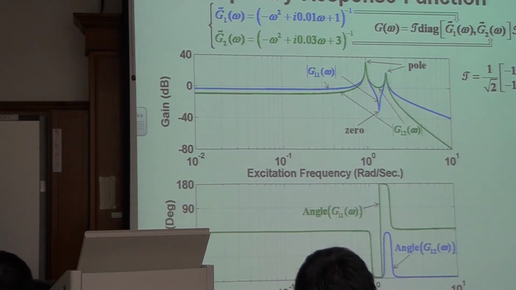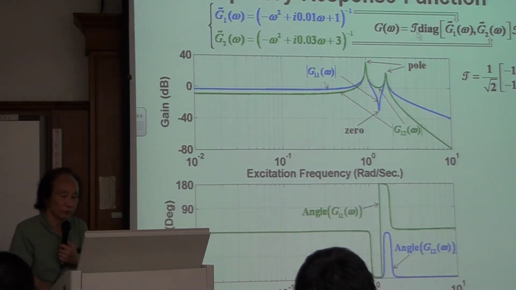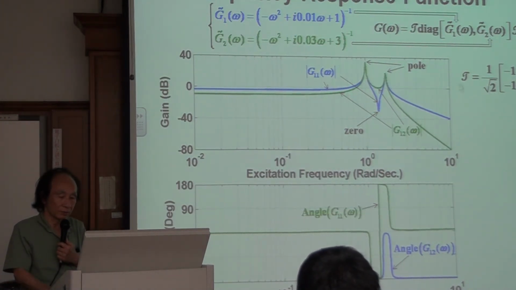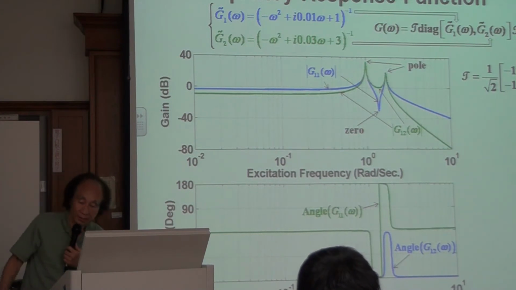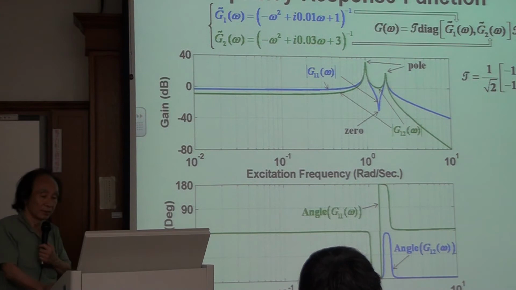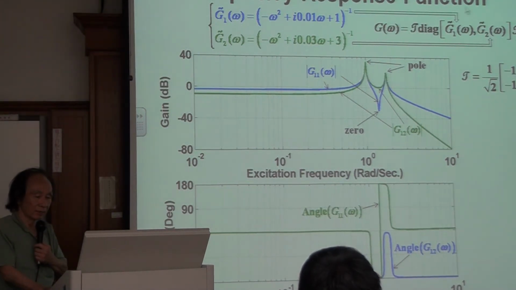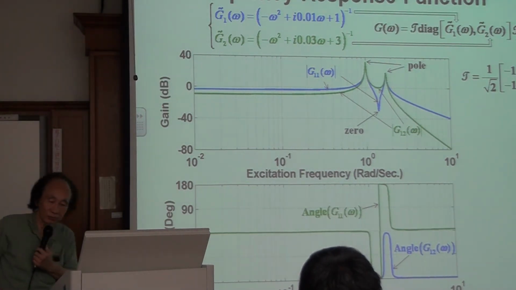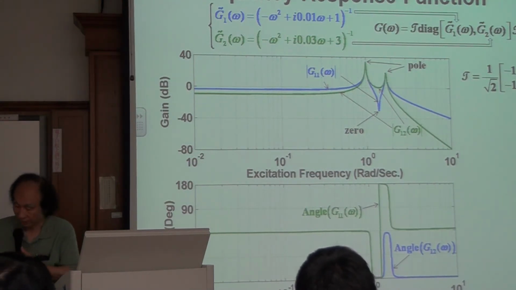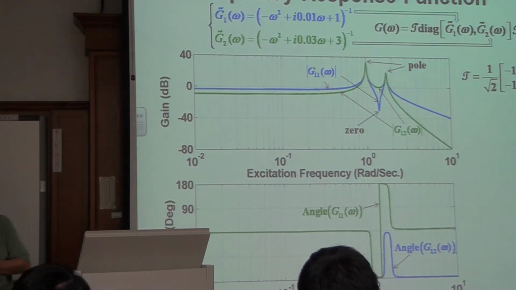In other words, you get G omega from G1 tilt and G2 tilt by doing this, just like mass matrix transformations. You have the script T times this and script T transpose. And this comes from those modal coordinate transformation formulations.